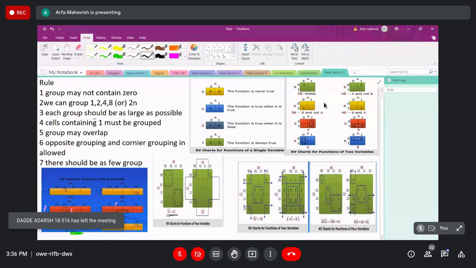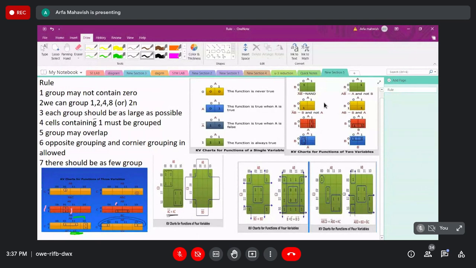This is the 4 variable table. Whenever you have 4 variables, that is 2 power 4, we have 16 cells. So in this we have the ABCD group, in which we have the one value.